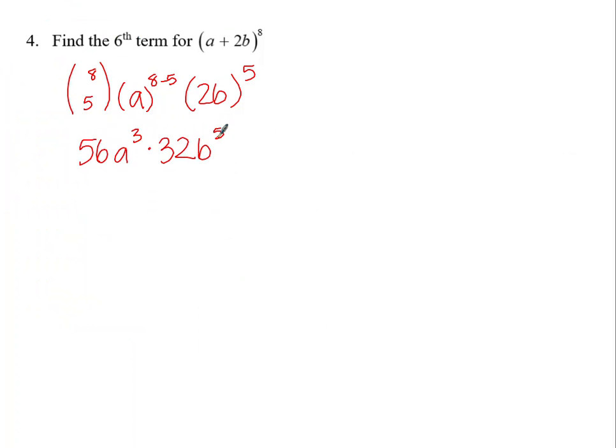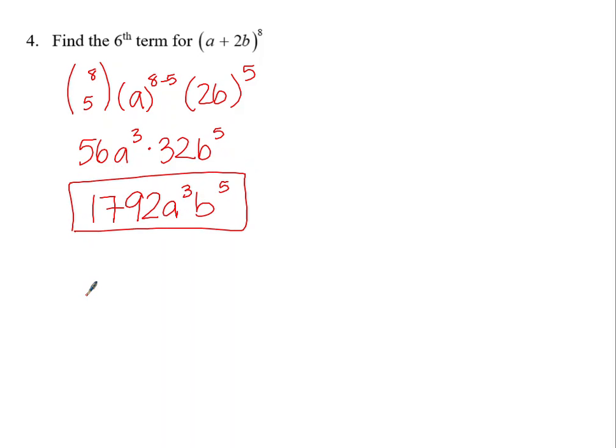And then if we multiply 56 and 32, we get 1,792 a cubed b to the 5th. The other option is to continue on with Pascal's triangle until we get to the row that starts with 1 and 8, and then figure out what our term would be using Pascal's triangle.